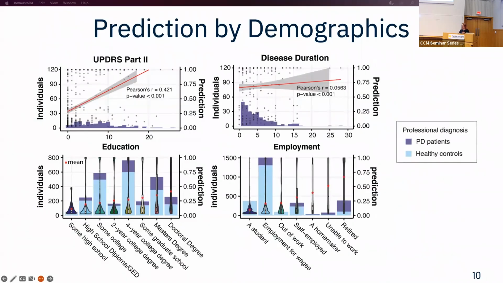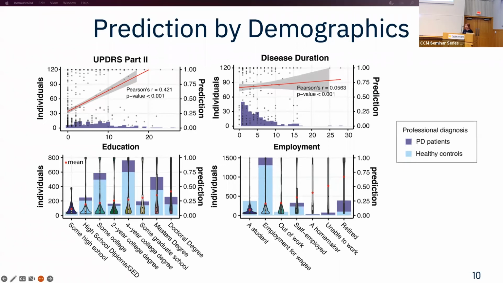We also correlated our predictions to different demographic information. UPDRS here is a classification system to evaluate the severity of Parkinson's disease. Basically, the higher the UPDRS score they get, the more severe the Parkinson's disease is. We found that there's a positive correlation between our prediction and the UPDRS of each patient, which is totally expected.